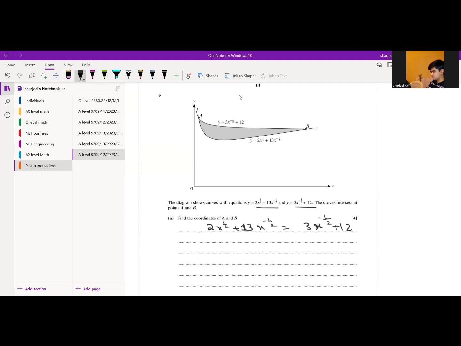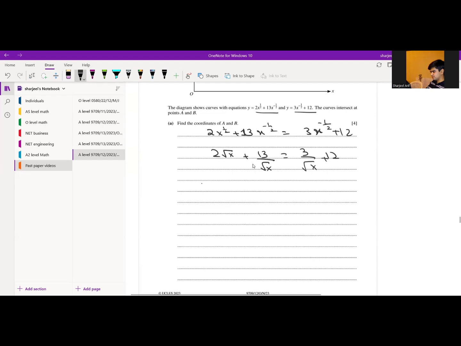So now we have to simplify it. We will take the LCM. This will become (2x plus 13) divided by square root of x equals (3 plus 12 square root of x) divided by square root of x. Cancel these two. We get 2x plus 13 equal to 3 plus 12 square root of x.